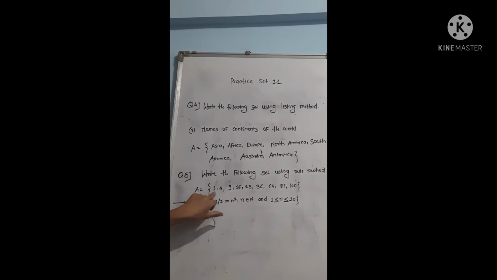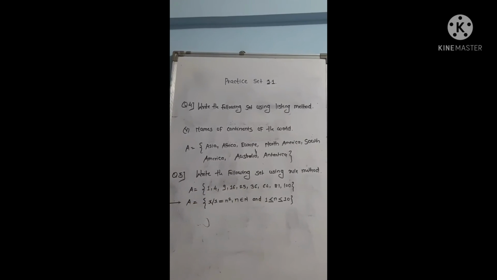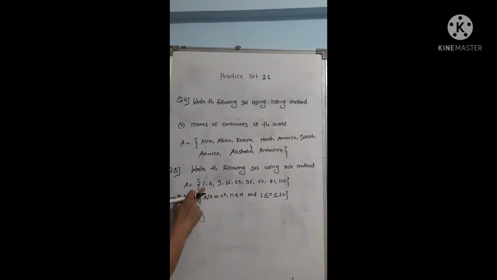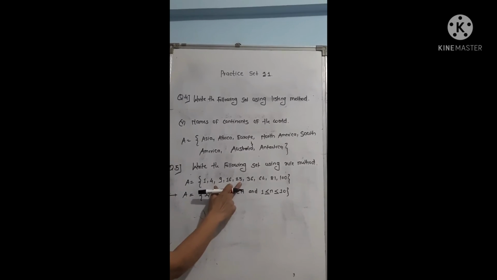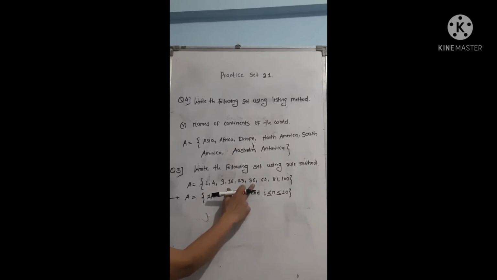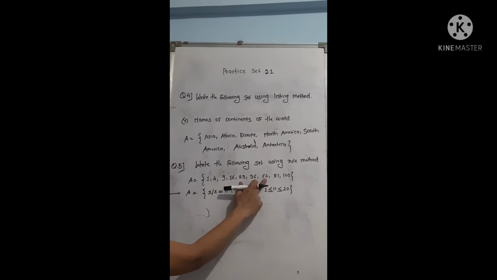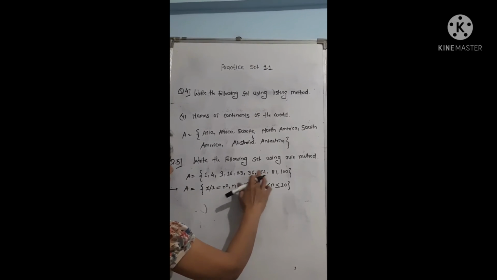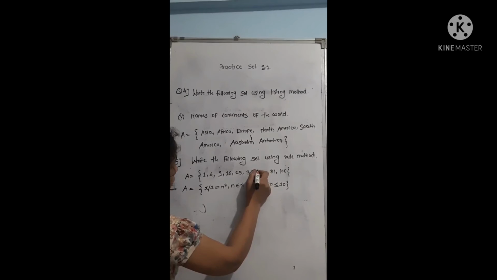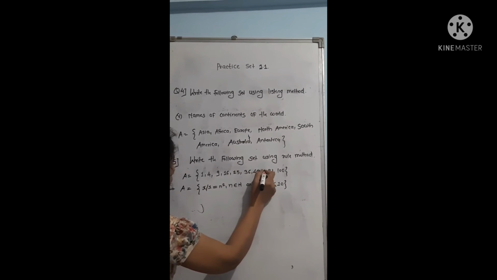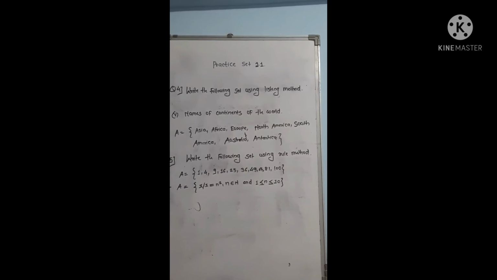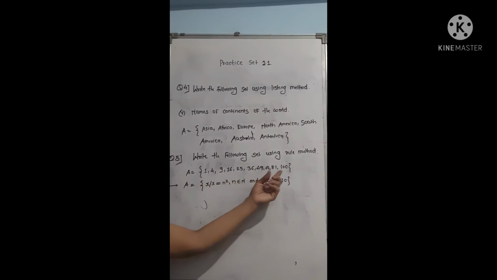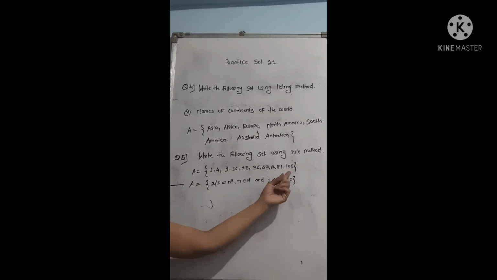So this is the square of natural numbers. 1 square means 1, 2 square 4, 3 square 9, 4 square 16, 5 square 25, 6 square 36, 7 square 49, 8 square 64, 9 square 81 and 10 square 100.